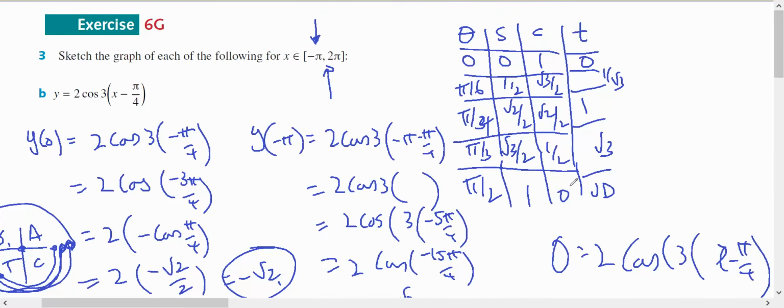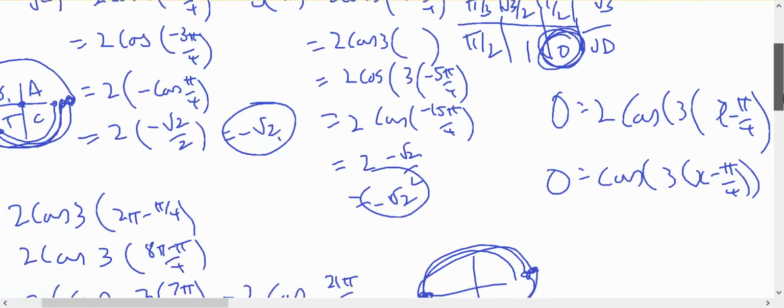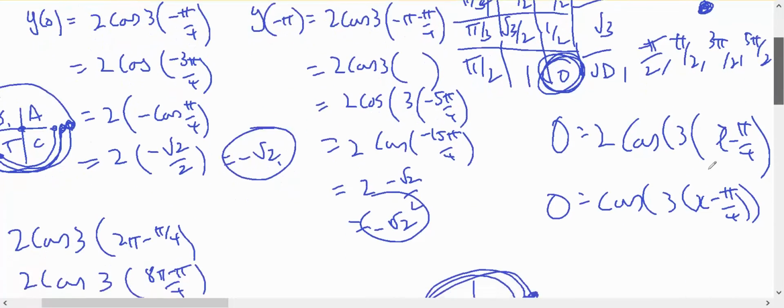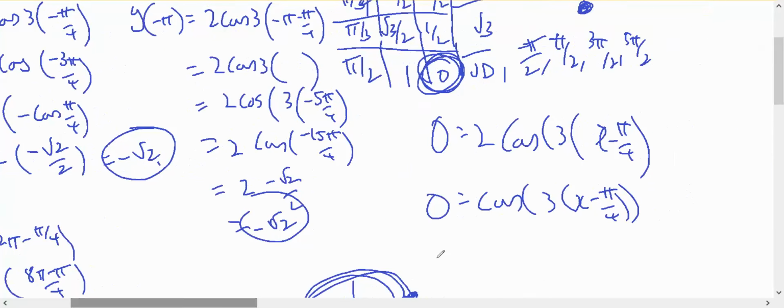Well, pi on 2 is one of them, and 3 pi on 2. So my answers are going to be pi on 2, 3 pi on 2, 5 pi on 2, negative pi on 2, etc.